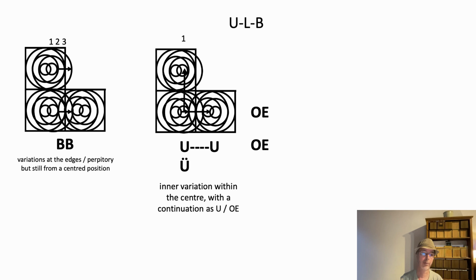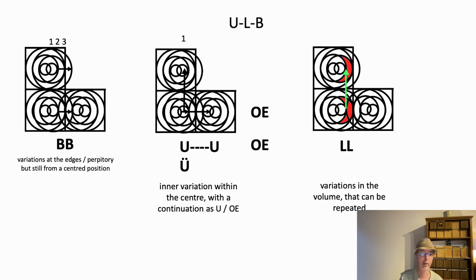The next letter with U, if you extend it and multiply it, the U will also have a longer sound. Instead of U or U, it will have a U sound, and also there you have a continuation of what you already know from within. The L itself, there are variations in the volume and they are repeated, as you can see.